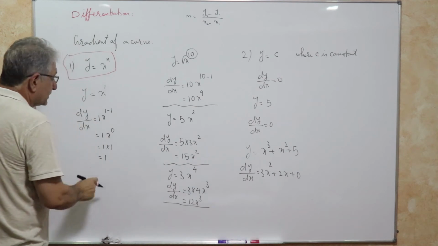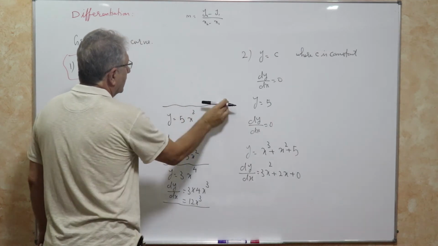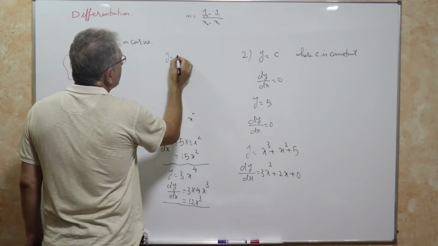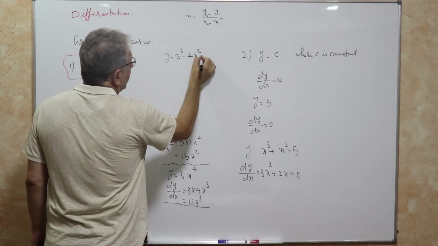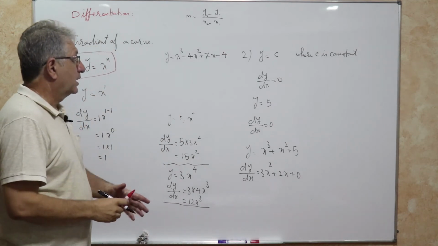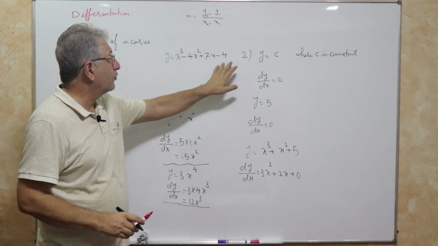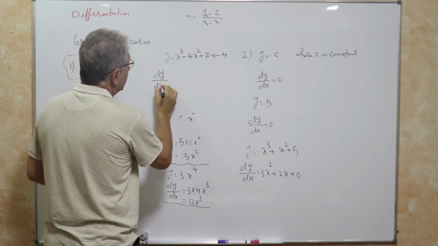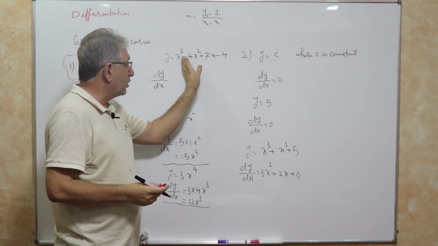Now, for example, I will give another example. Suppose I have y equal to x to the power of 3 minus 4x squared plus 7x minus 4. This is a function which has got 4 different terms. I want to find dy by dx. Remember that I can do this term by term. Therefore, forget about everything else.